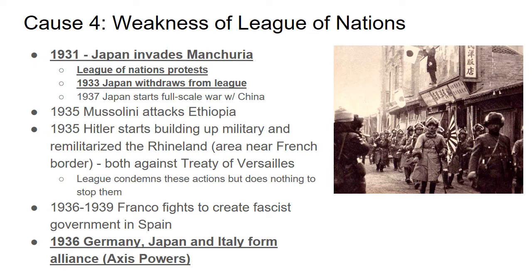And then again, in 1936, Germany, Italy, and Japan form an alliance as the Axis powers, which they're not really supposed to do under the direction of the League. And again, the League is powerless to do anything to stop them.